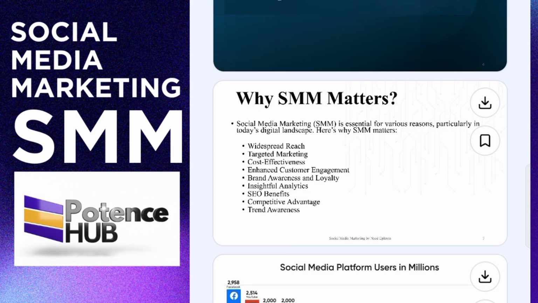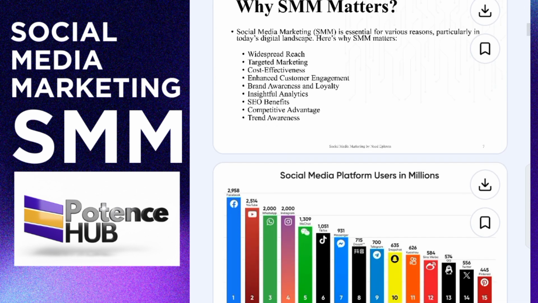And out of these 8.5 billion people, we have about 5.2 billion people who are currently making use of social media. When we mean social media, there are different platforms. Talking about Facebook, about 5.2 billion people are using Facebook. So you can imagine the widespread that it's going to really help your brand to cover, when it comes to reach within the social media space, as part of the matters of social media.